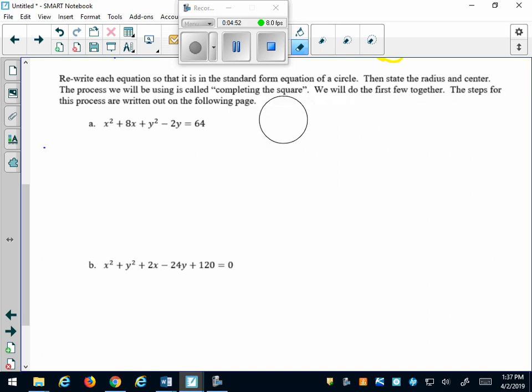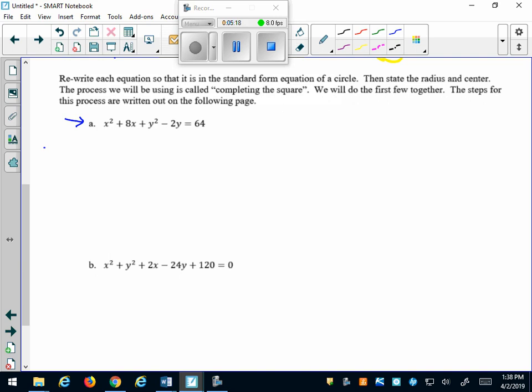Okay, so similarly, this is the equation of a circle, because it has an x squared and a y squared. And the equation of a circle has an x squared and a y squared. But if I asked you what the center and the radius of this is, would you be able to tell me? No, because it's not in the right form.